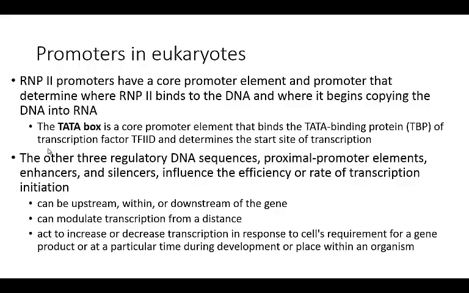Some of them can act very far away, quite a ways downstream, and modulate this transcription from a distance. So identifying these is very difficult for scientists, because how do you know if something 100 kb downstream is going to affect that particular gene? What they're doing overall, though, is to increase or decrease transcription.